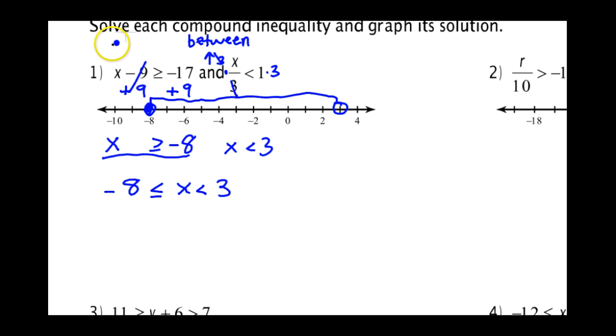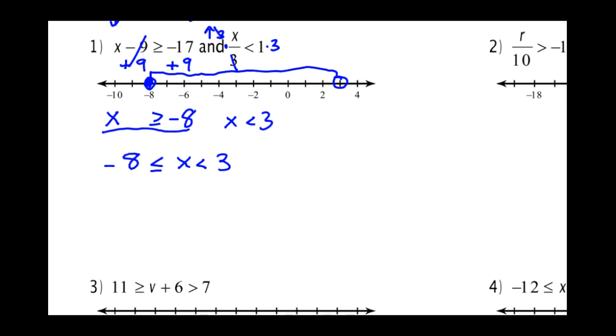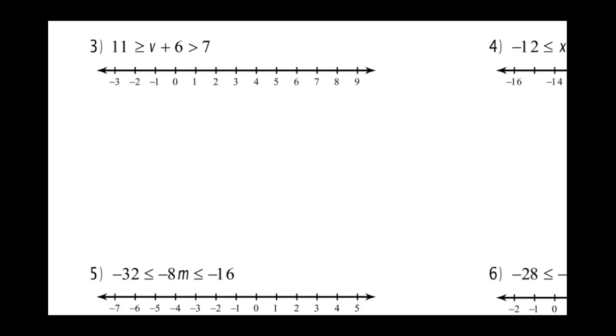Well, it's always start beside the variable. So always the same steps we've done before. Where the variable is, do the opposite of everything. -9, add 9; divided by 3, multiply by 3. That has not changed. That's the same thing we've already done.